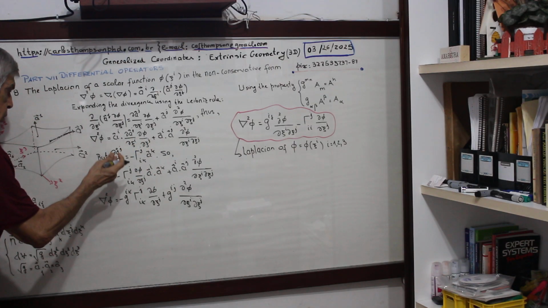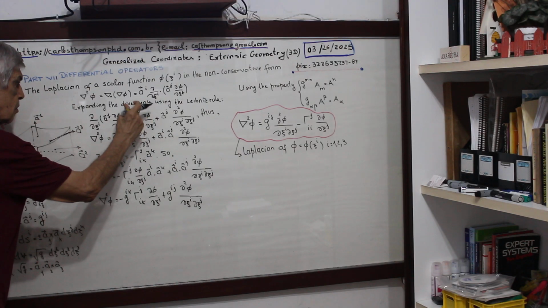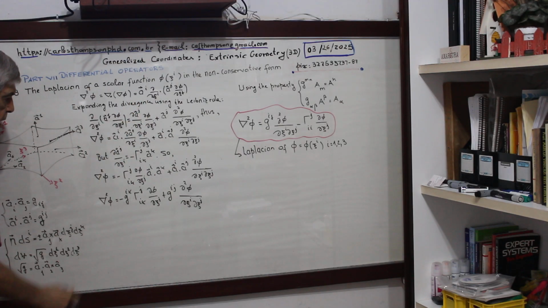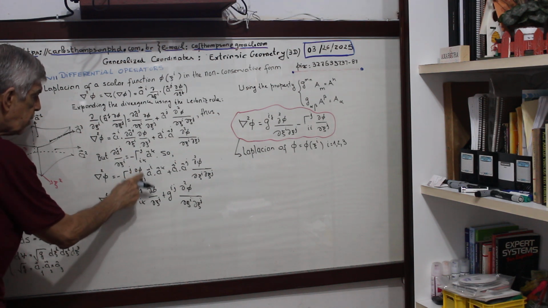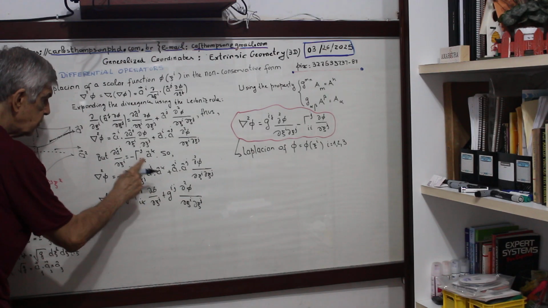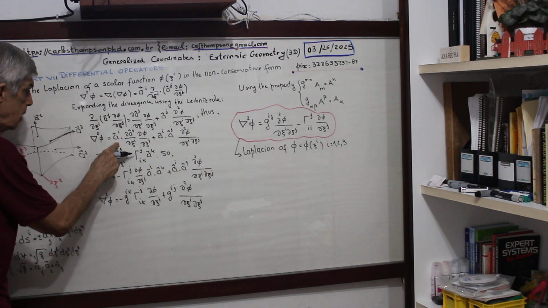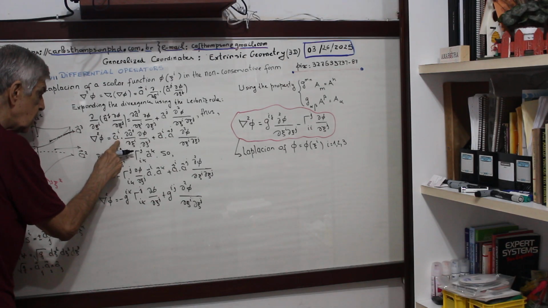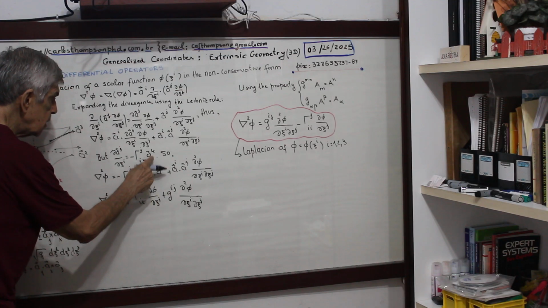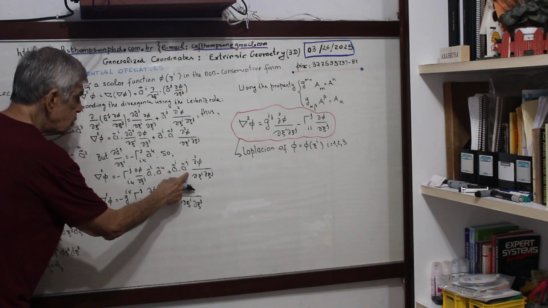So I will substitute this on this term over there. So this is minus gamma ikj partial phi. Now ai dot ak, ak comes from here. Plus ai dot aj.